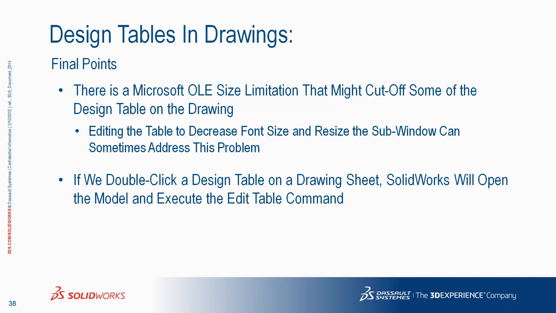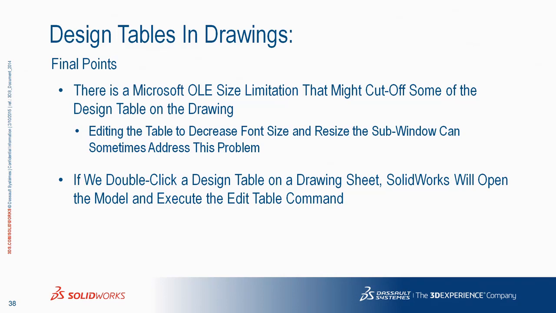So, some of the final points to cover here. There are Microsoft OLE size limitations that might cut off some of the design table in the drawing. Editing the table, decreasing the font size, resizing the sub-window can sometimes address the problem. Shrinking the column widths and the row heights down will get in those extra values.